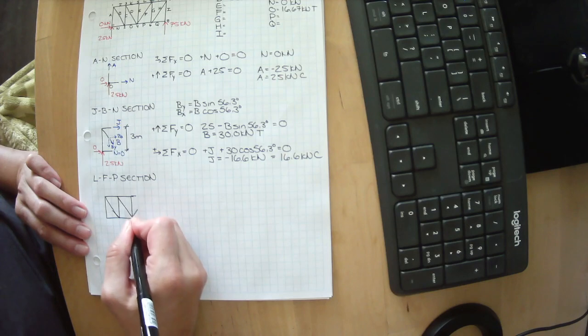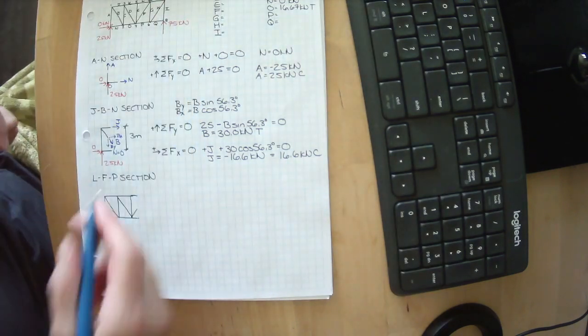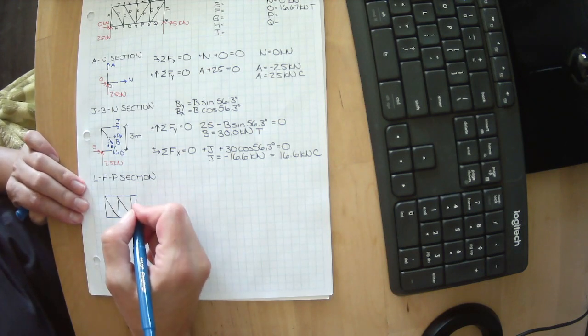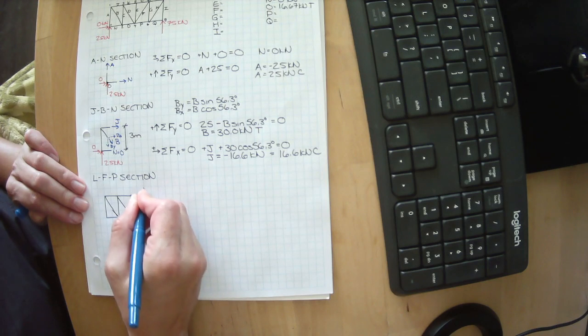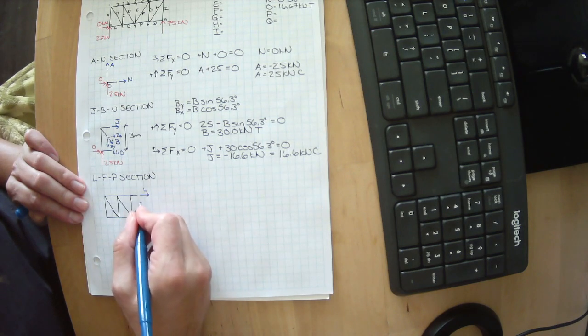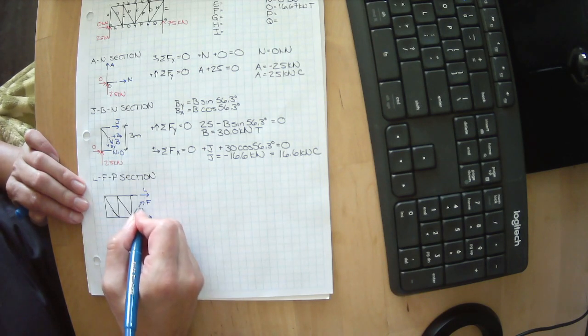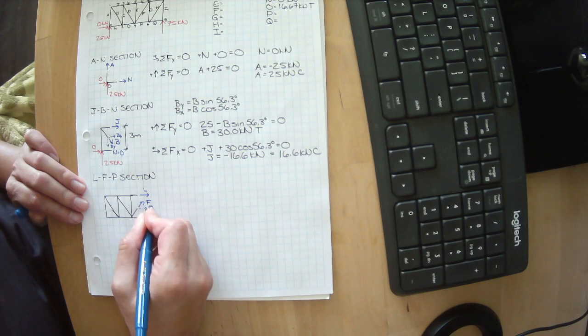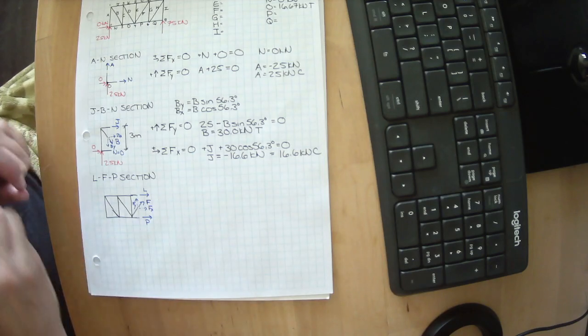We now have this member here like this. We don't know what any of these values are, so I'm going to draw them all in tension: L, F, P. I'm going to draw F as Fx and Fy as my unknowns.